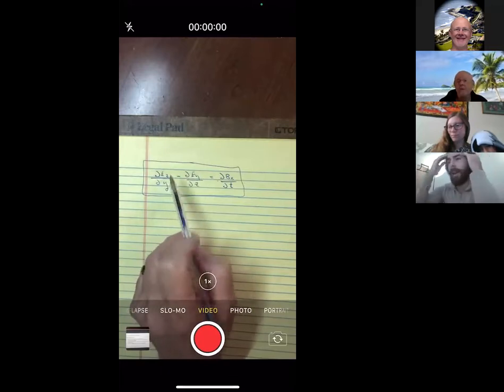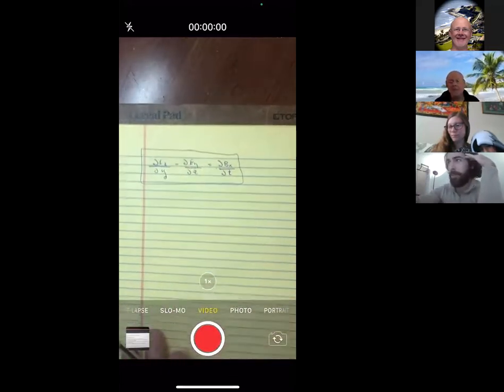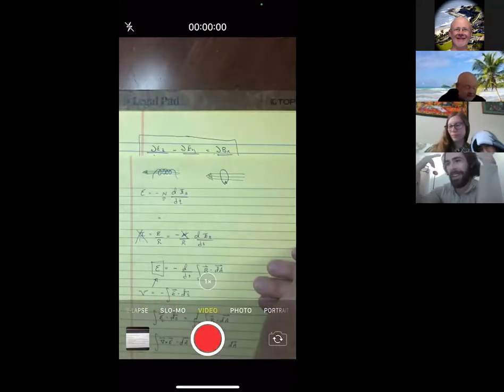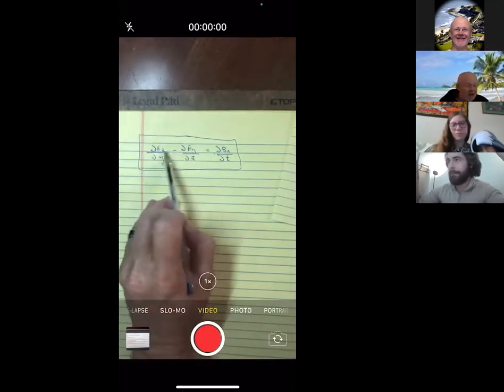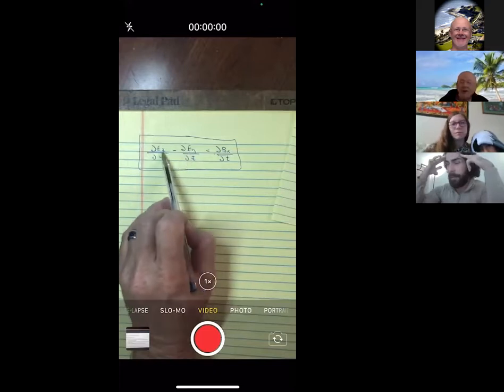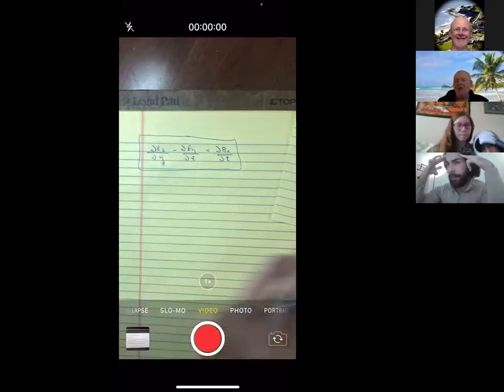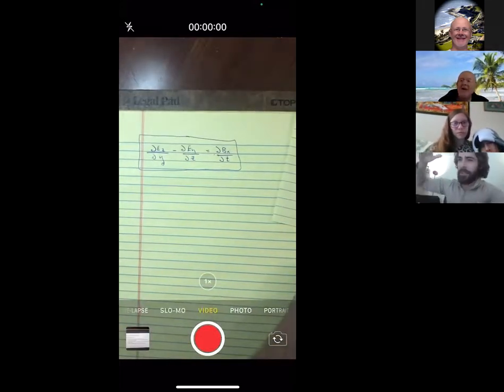If I imagine my magnetic field along the x-axis, then the rotation would be in the YZ plane. Right, so you would only have Y and Z components of your electric field. That's exactly what this is saying. So that's my change vertically, and that's my change horizontally along the Y.